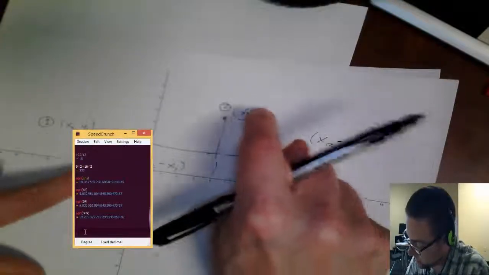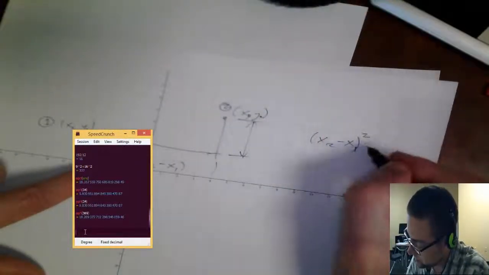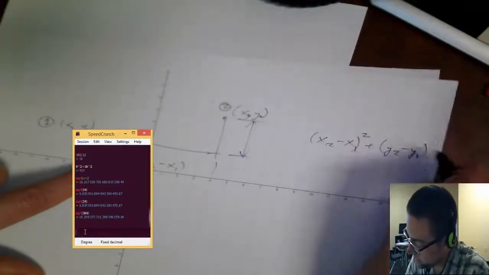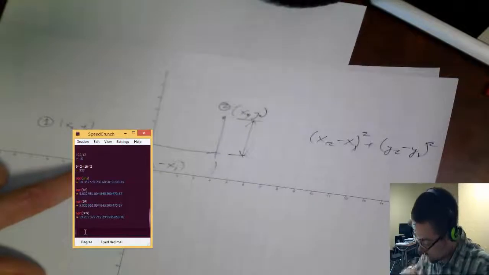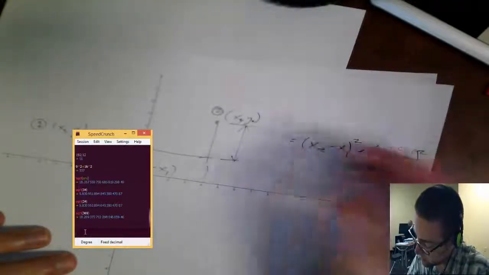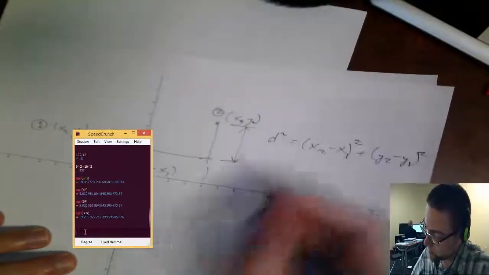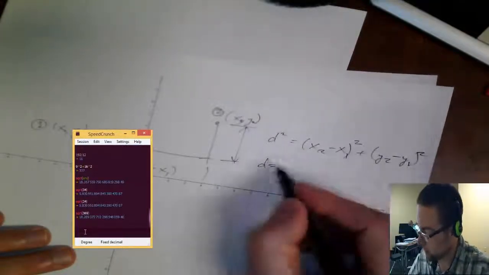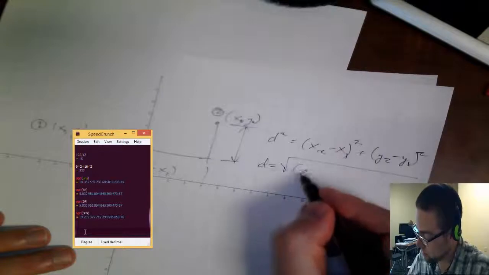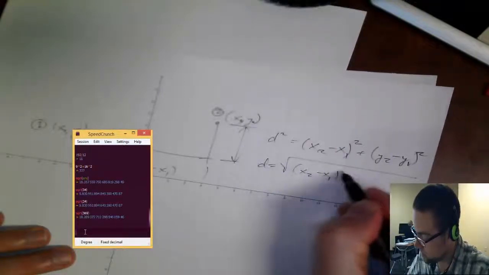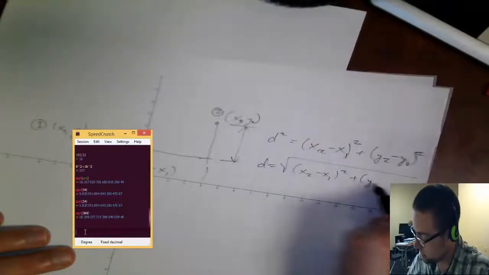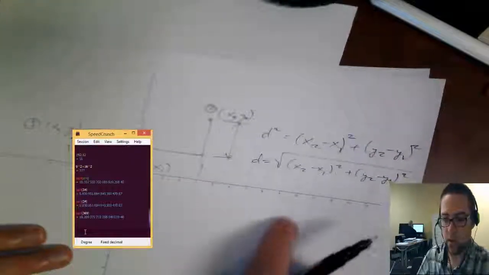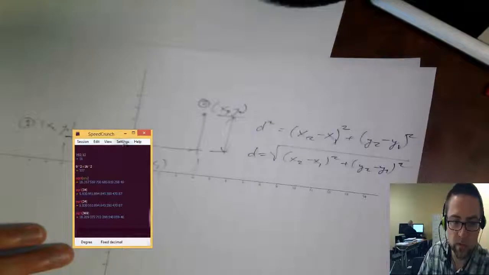So I'm going to take whatever the y2 value is, take away the y1 value, and square it. And that should be equal to d squared. So d itself will be equal to the square root of all of that. Okay, and we call this the distance formula.